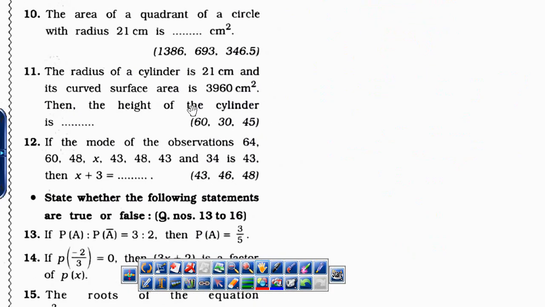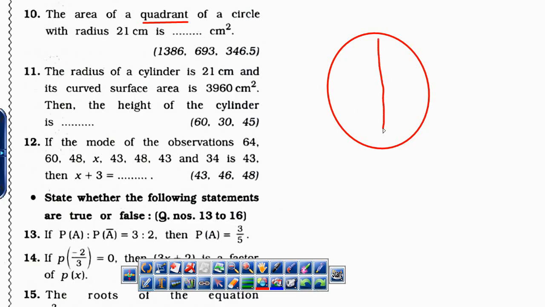The area of a quadrant of a circle. What is a quadrant of a circle? If the circle is divided into exactly 4 equal parts by creating a plus, then this zone, and this zone, is called a quadrant.